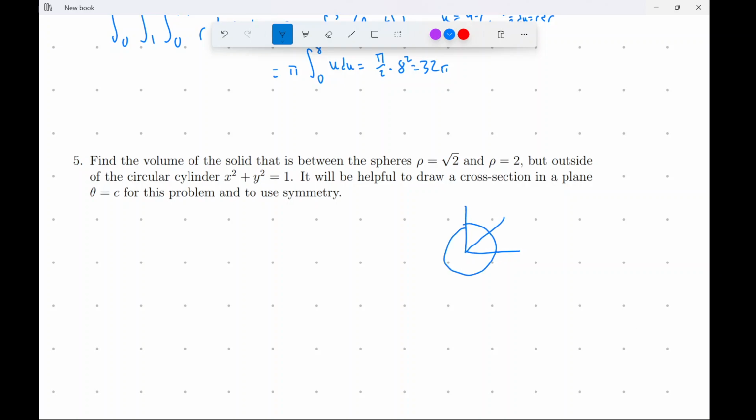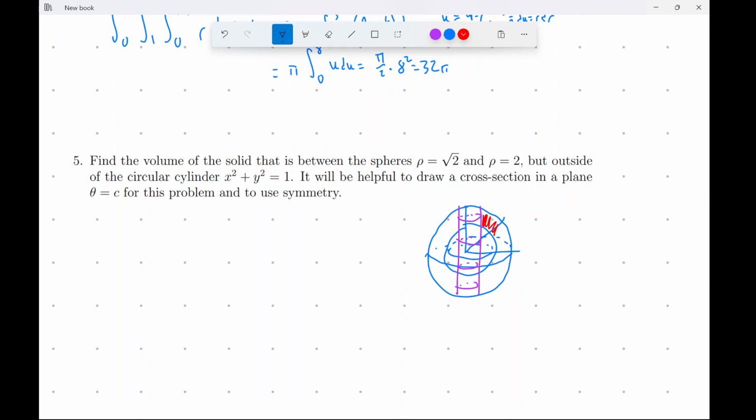We have two spheres that are concentric. And then we have a cylinder. So this is sort of a complicated problem. And we want the region outside of the cylinder, but between the two spheres.